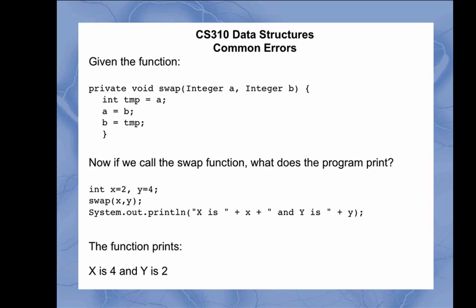Java features what is called autoboxing, and so it will automatically convert between the two types for you, so you need not do anything special in order to make this happen. That is, in the calling program, you don't have to say Integer x equals new Integer(2), Integer y equals new Integer(4). Rather, int x equals 2, y equals 4, and then the conversion happens by the JVM.